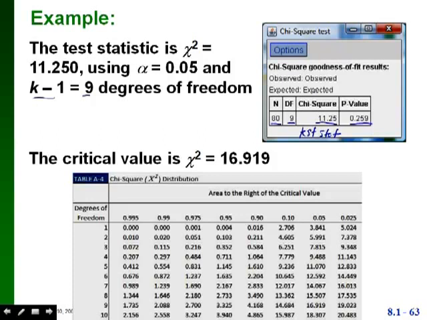Now we could also do this using a critical value. So we have our test statistic here of 11.25. We know our degrees of freedom was 9 and our alpha was 0.05. So for our critical value, we'd look in the 0.05 column and the row with 9 degrees of freedom, and that would give us a critical value of 16.919.